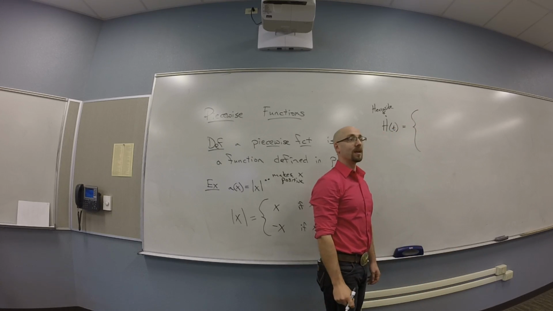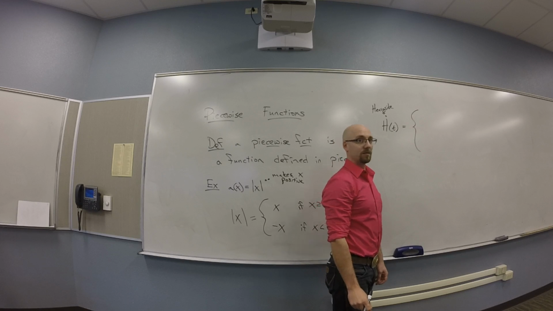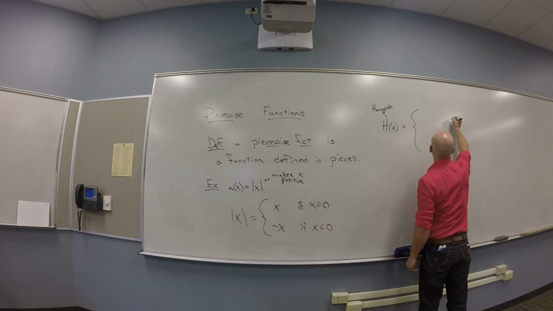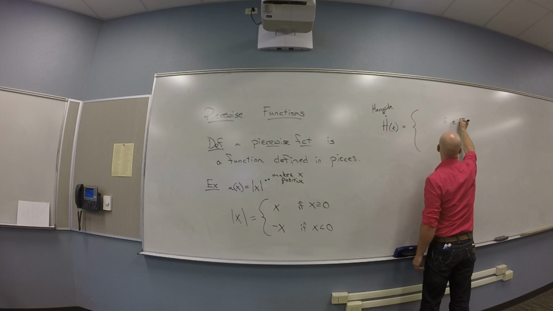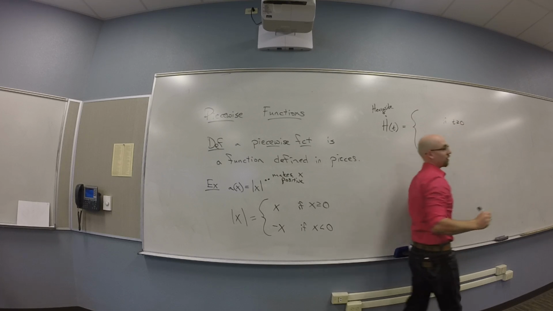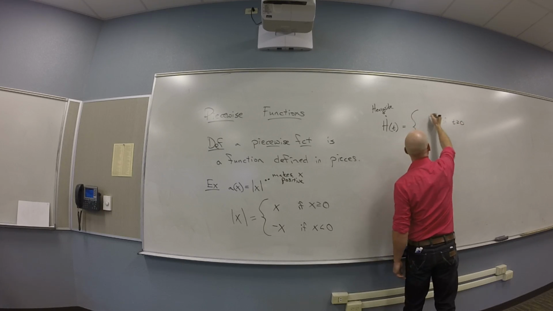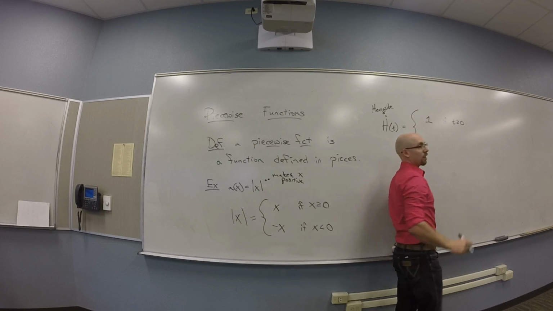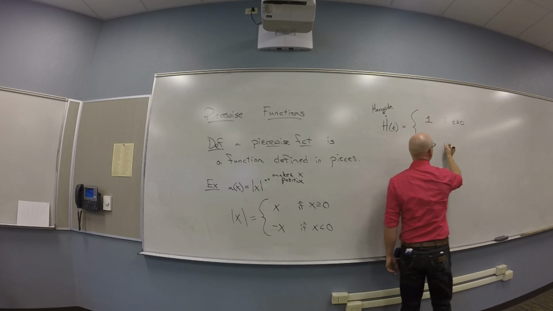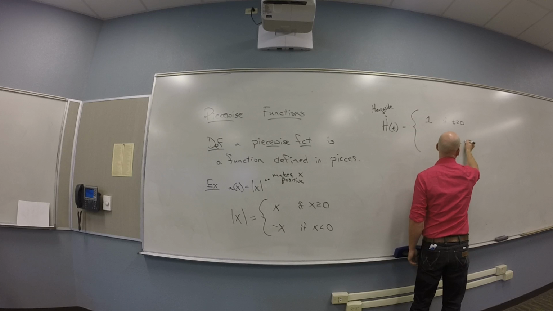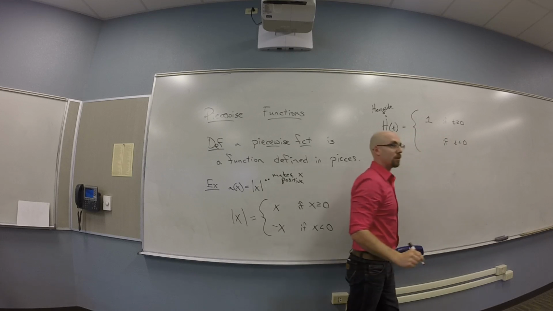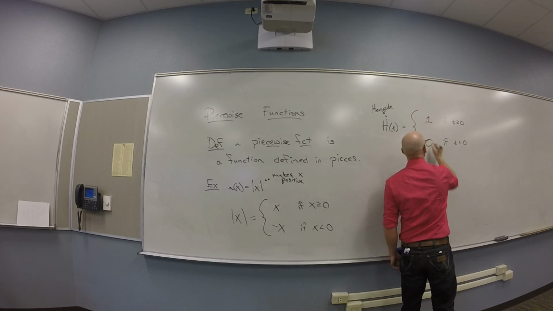The pieces are, again, positive and negative. If t is bigger than or equal to 0, this thing's going to return 1. And if t is smaller than 0, this is going to return 0. Very nice.